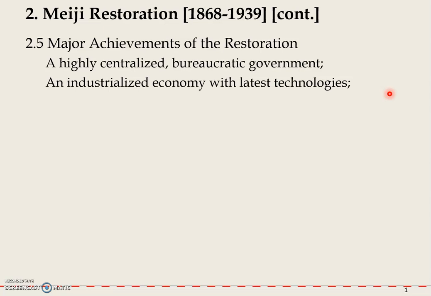Now even at the beginning of the 20th century, Japanese firms were still the technological adapters, right, instead of the innovators or inventors. They still copy and learn from the Western economies about the new technologies.